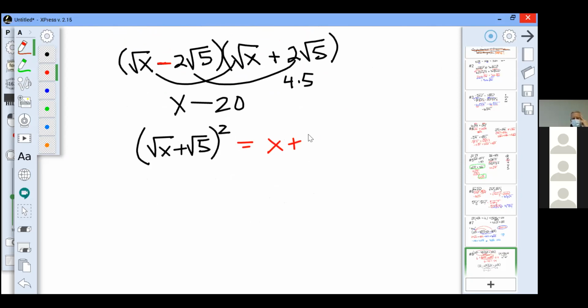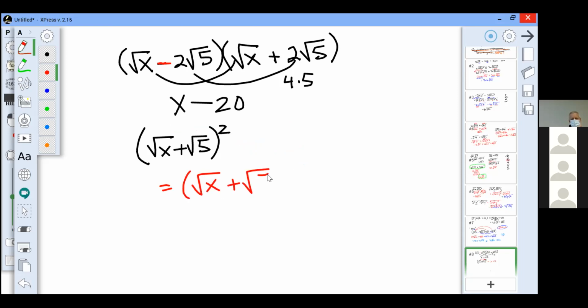That's just x plus 5, because you can do this. Nope, you can't do that. You can't put an exponent into a quantity. You can only put it into a bunch of different factors. So that's not it. Get rid of that. It's not it.